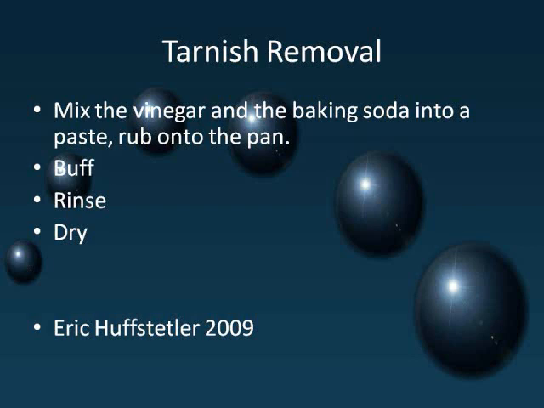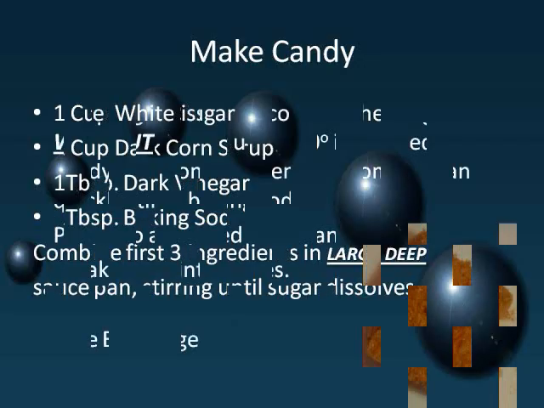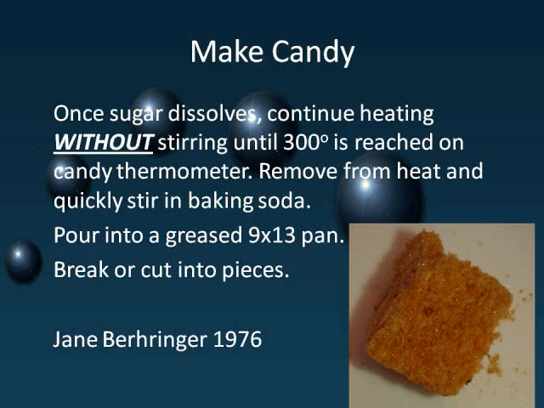Another unique use of the reaction is a candy, either called seafoam or sponge candy. Take 1 cup of white sugar, 1 cup of dark corn syrup, and 1 tablespoon of dark vinegar. Mix well in a very deep saucepan over heat until the sugar is completely dissolved. After the sugar is dissolved, stop stirring and wait until the mixture reaches 300 degrees Fahrenheit.